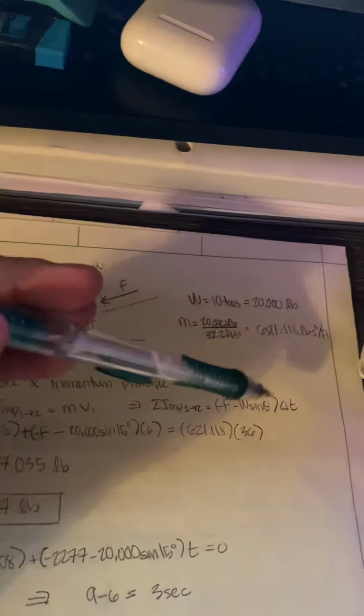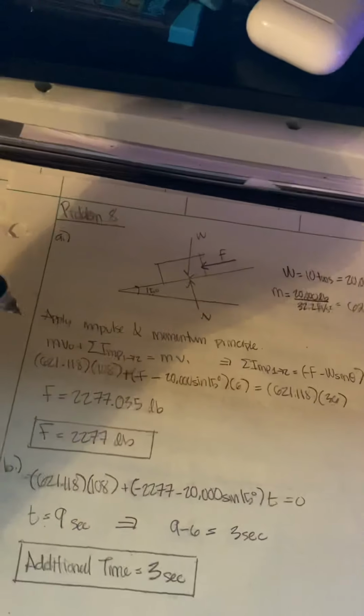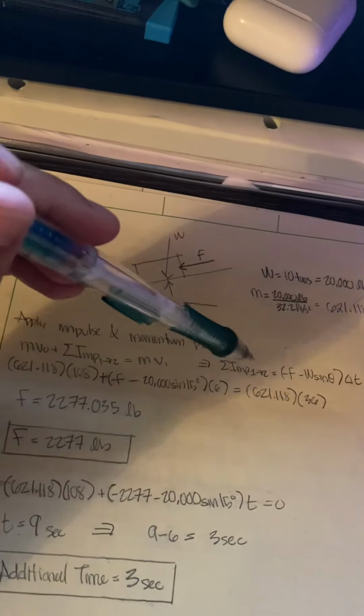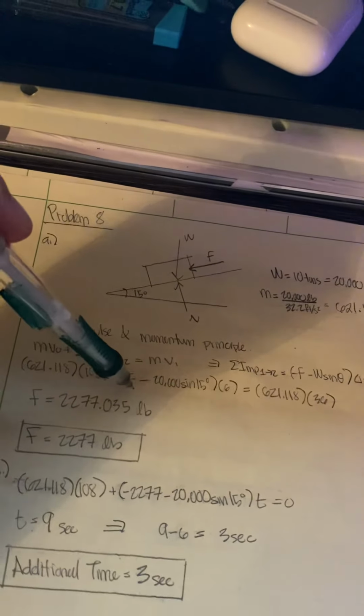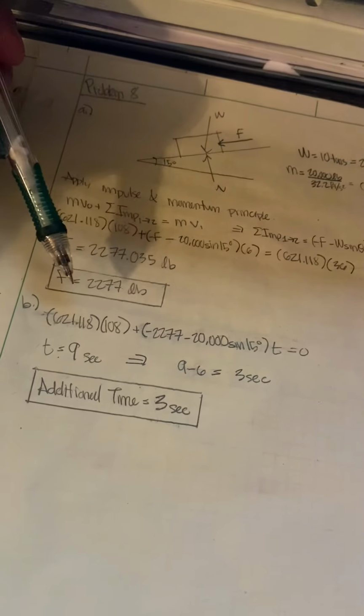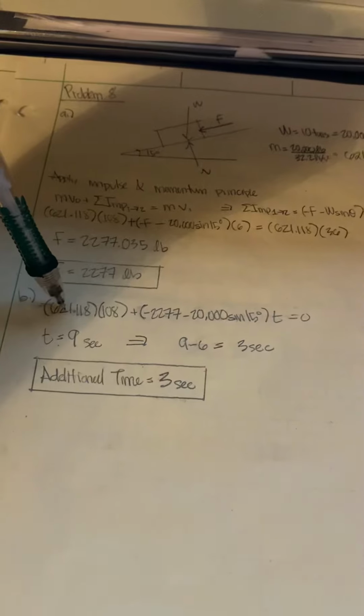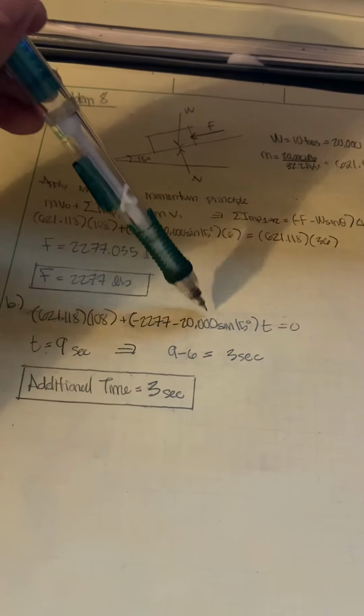That's what the equation is. Plug the values into this equation. We know that the only thing that's left to solve for is the force. And for the force, we get 2,277 pounds.